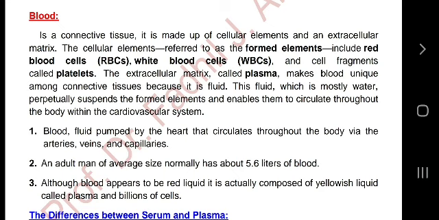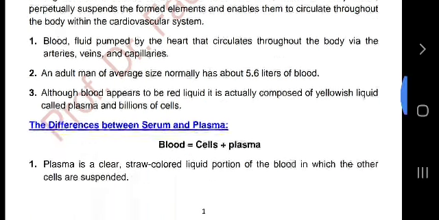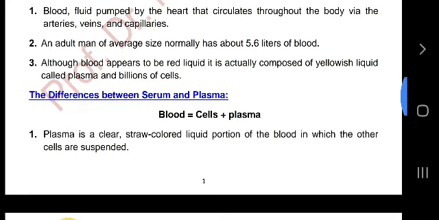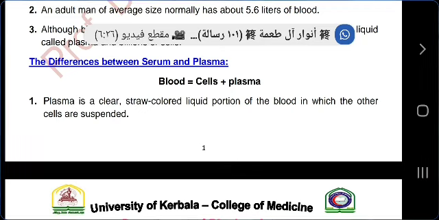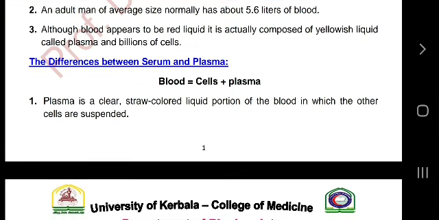Well, the blood, as you know, appears to be red in its color, composed of yellowish liquid called plasma and billions of cells as mentioned above. ما هي الفروقات ما بين blood plasma and blood serum? In general, the whole blood or the blood is equal to cells plus plasma.